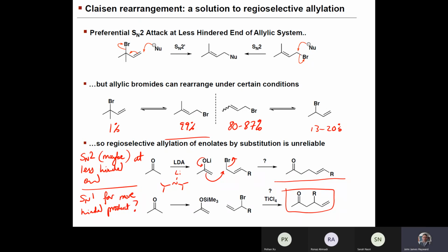The way that we'd do that is we'd use TMS chloride and triethylamine to make the TMS enol ether. And then maybe if we formed the cation in the presence of the Lewis acid, then it would react hopefully at the more cationic site. Maybe.